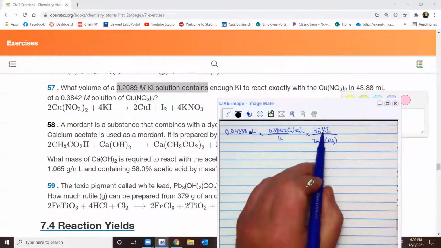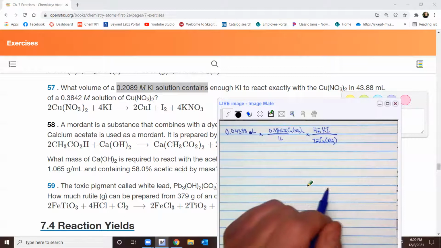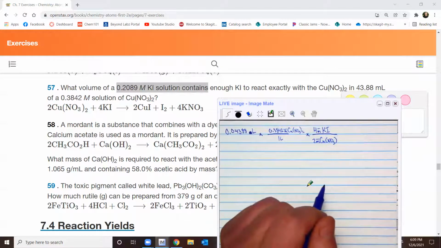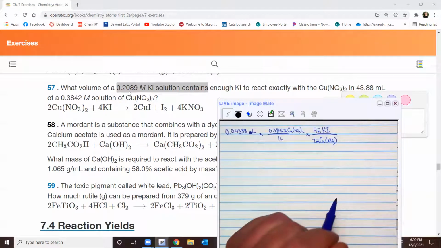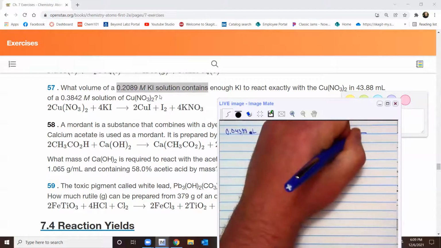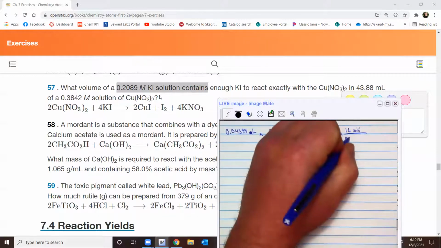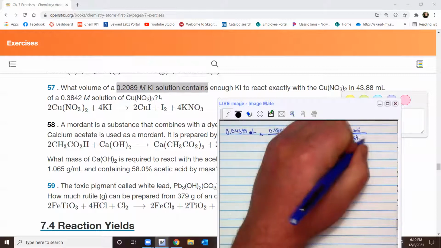So we've got to convert this moles of potassium iodide into a volume of a solution. We can do that using the concentration of that solution. So this is the concentration in moles per liter of potassium iodide, which means that every 1 liter of the solution has 0.2089 moles of KI in it.